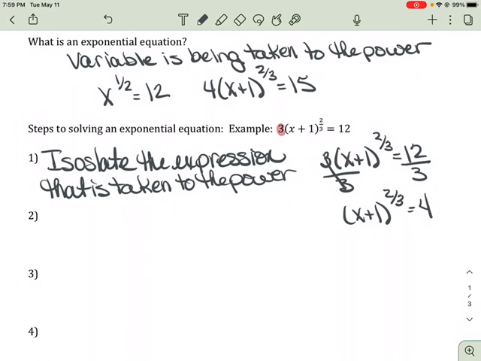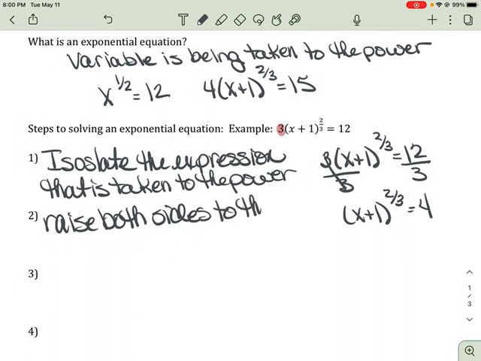The way we do that is to raise to a power, the reciprocal of your fractional exponent. So we're going to raise both sides to the reciprocal of the power.